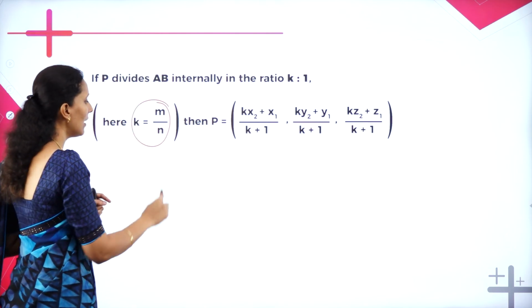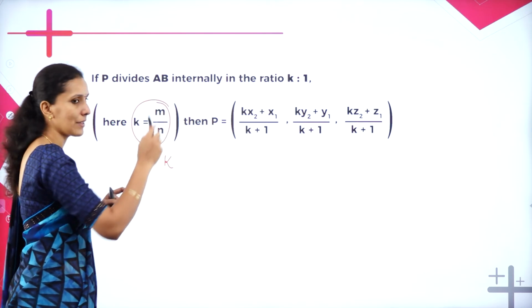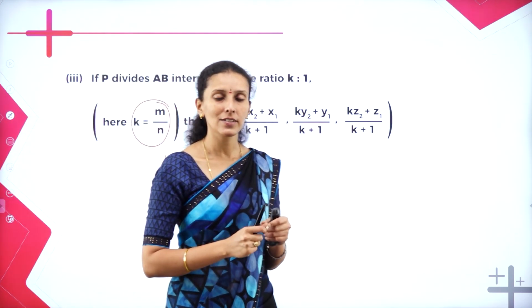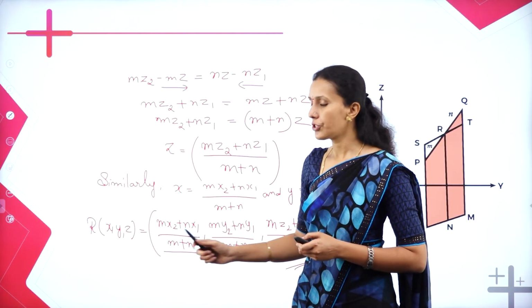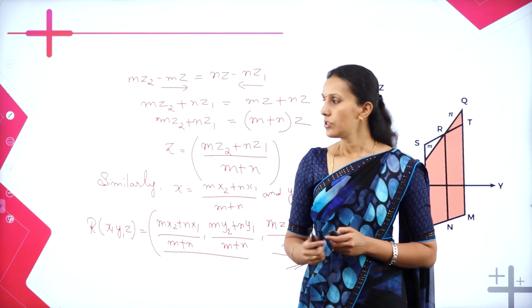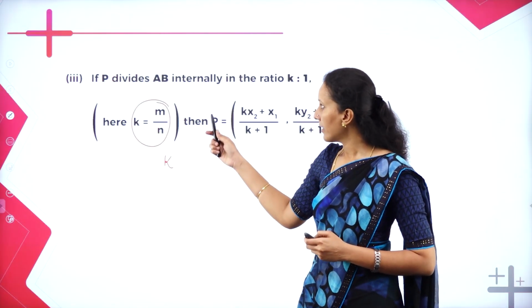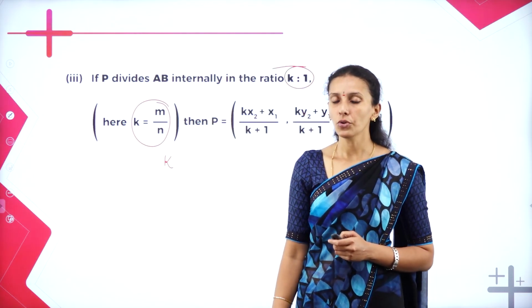After finding the value of k, it is replaced by m and n, and we can find the ratio. So these are the special cases of the internal ratio dividing the line. This is the external ratio, this is the midpoint formula, and this is for when you have to find the ratio in the form of k is to 1.